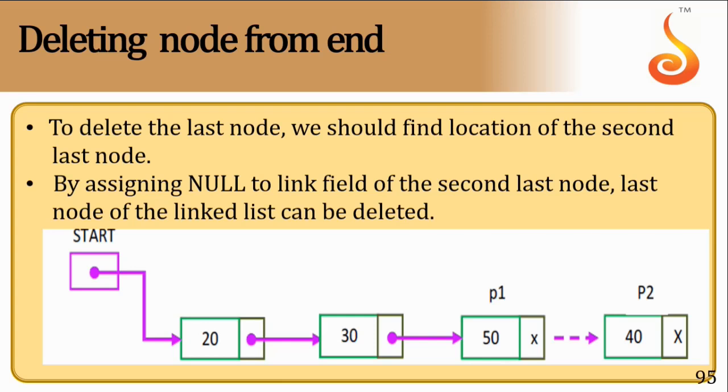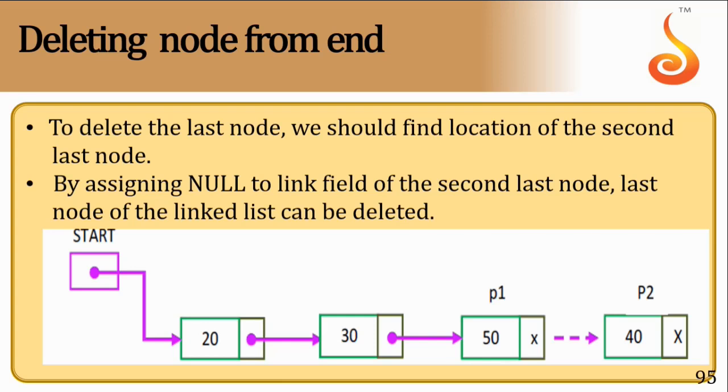Because from the last node I cannot access the previous node because I can access only the node next to it. So you should have two pointers wherein both would be starting from the first node and you're traversing the list until one of the pointers reaches the last node.